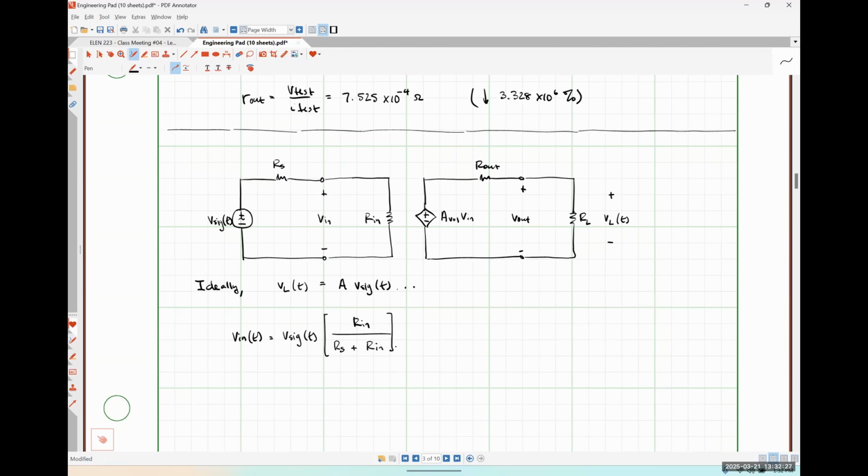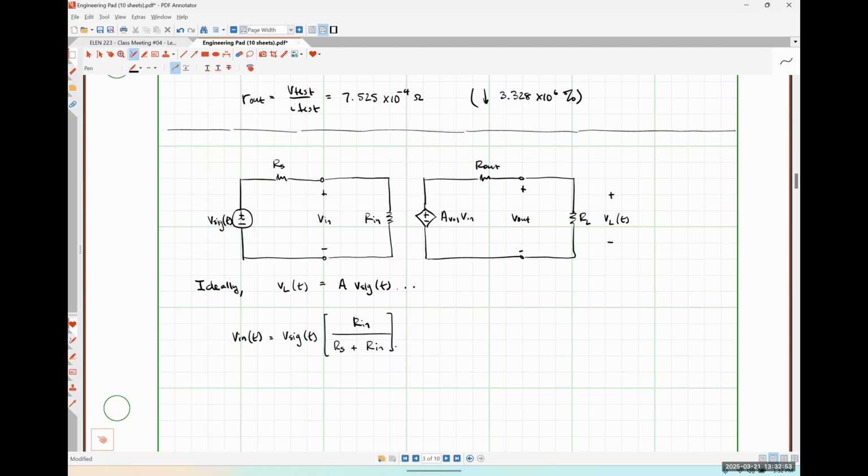Let's say that Rs is 50 ohms. And I want Rn over Rn plus Rs to be as close to 1 as possible. Do I need to make that input resistance larger than Rs or smaller than Rs? Larger. And the larger I make it, the closer that ratio gets to 1.